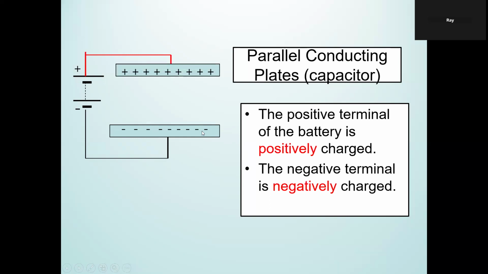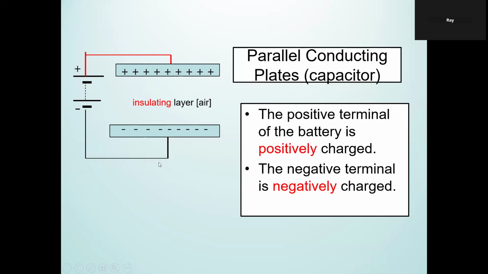Right? So we put conducting plate, parallel conducting plate, and then there's an insulating layer, usually it's air. Right? So an electron will come here, will repel an electron from here, and the electron will flow back to the positive terminal.